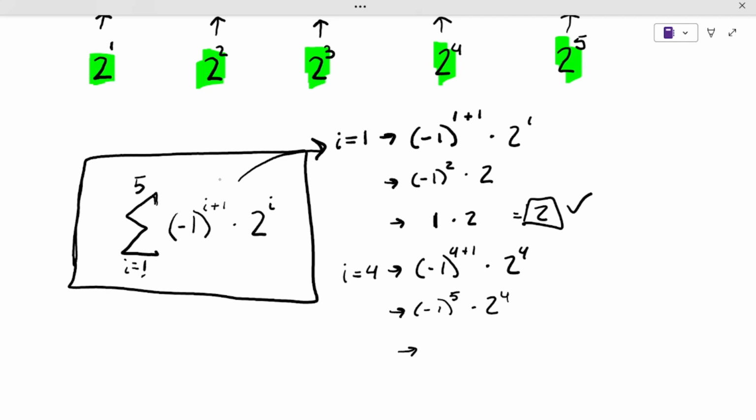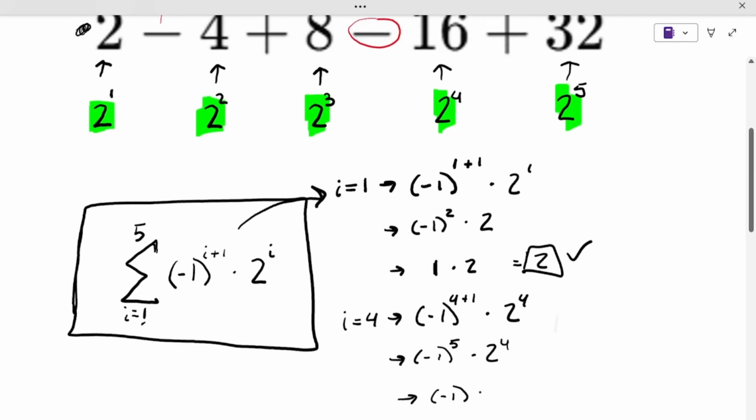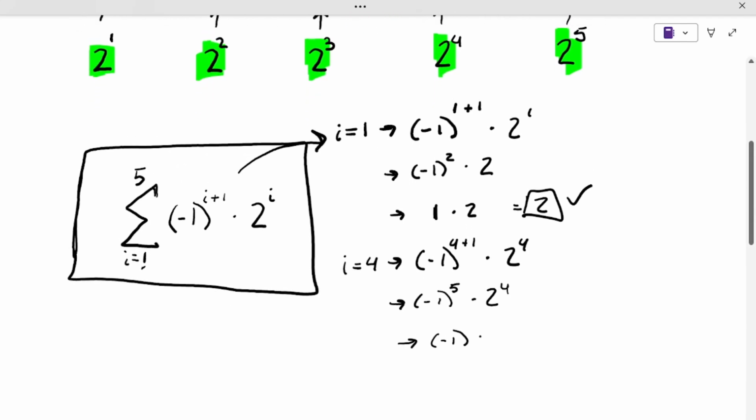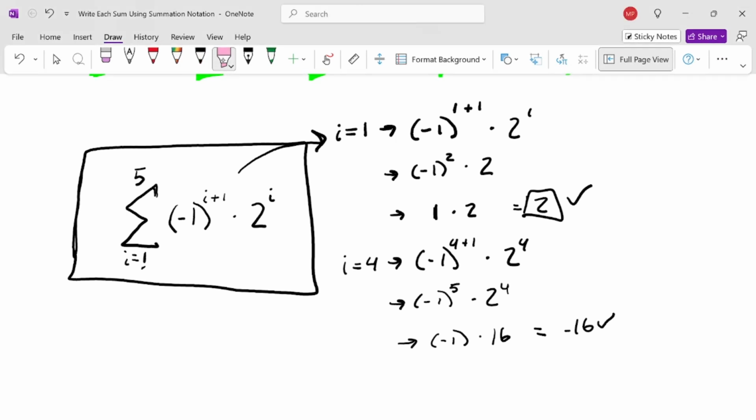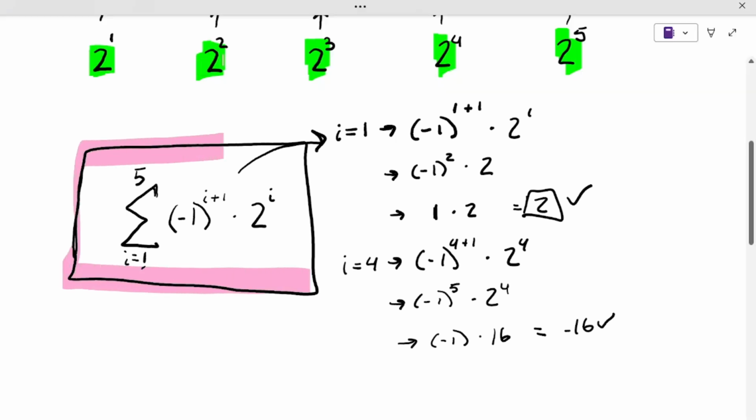Negative 1 to the 5th power is indeed negative 1, times 2 to the 4th, which we already established was 16. And therefore, we get negative 16. So this is our final answer in summation notation. This is the formula that you would use to add up everything at one time. You'd find the sum of all the numbers in this equation right here.